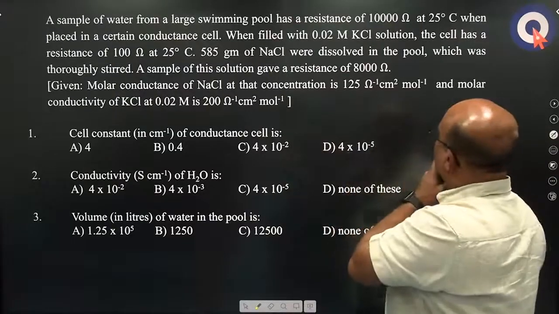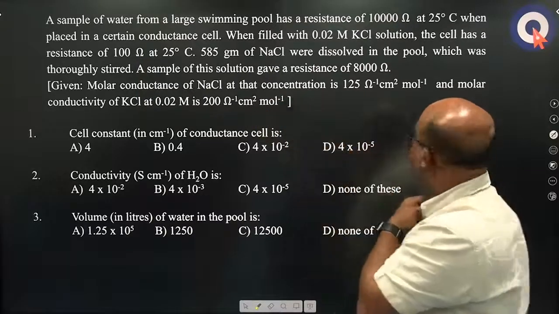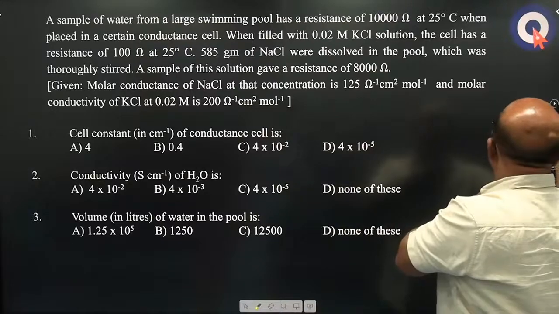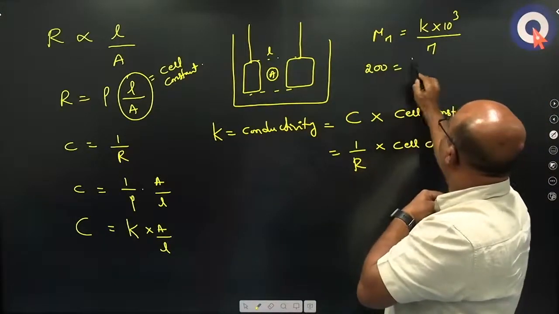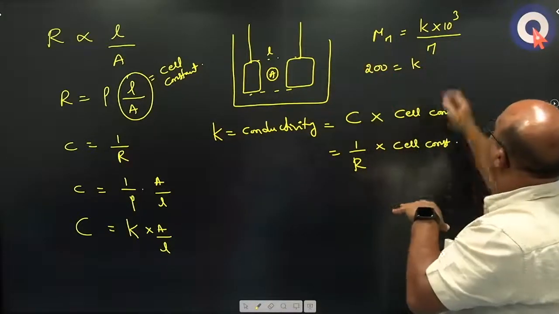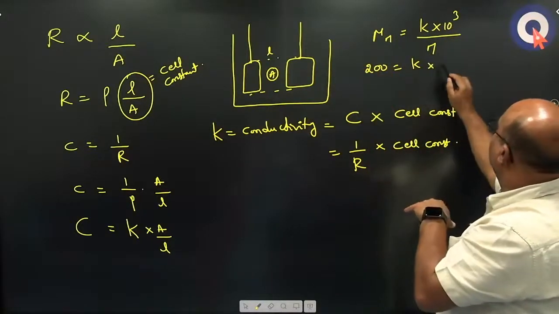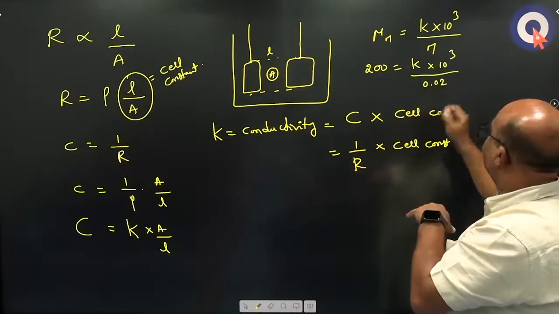It is 200, the molar conductivity of NaCl and of KCl. So this is 200 equals specific conductivity kappa into 10 to the power of 3 by the molarity of KCl, which is given as 0.02.